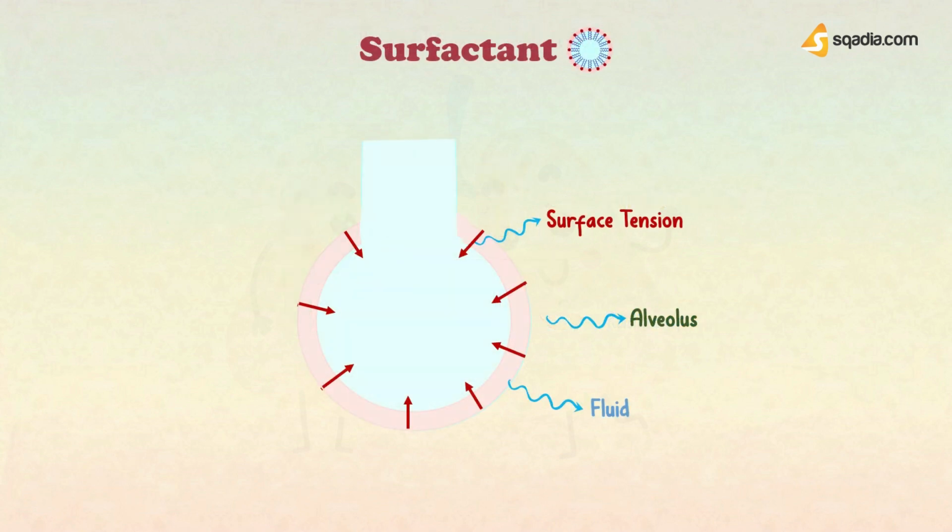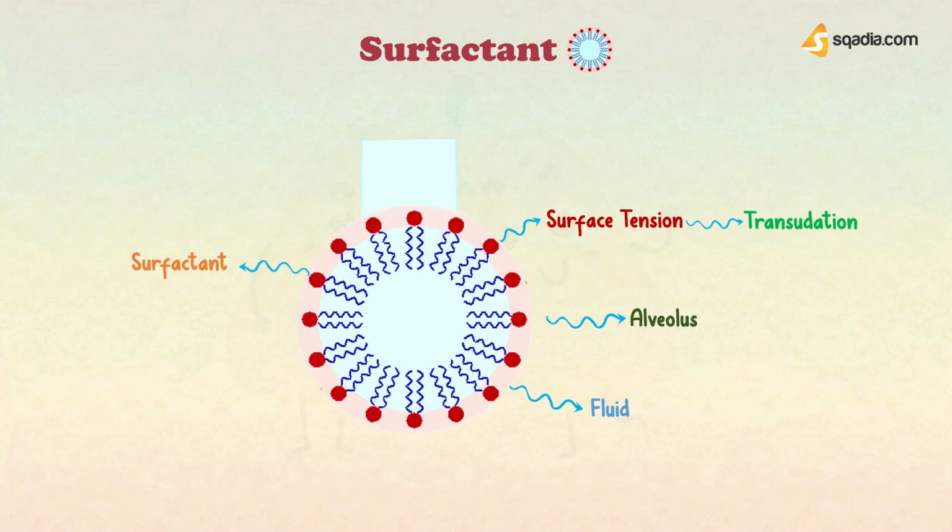The inward force created by surface tension also tends to suck fluid into the alveoli. That is called transudation. Now, luckily, we are blessed with a mixture of phospholipids secreted by type 2 pneumocytes, the surfactant, that minimizes these problems.